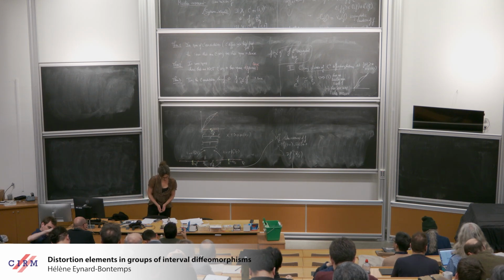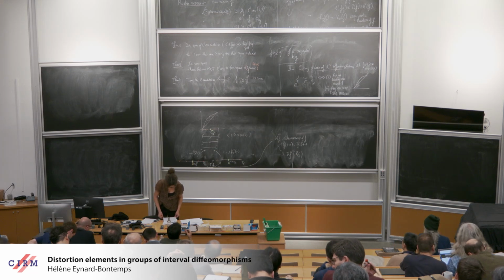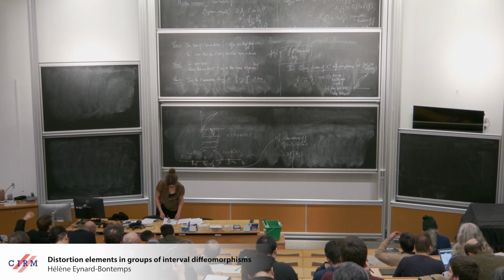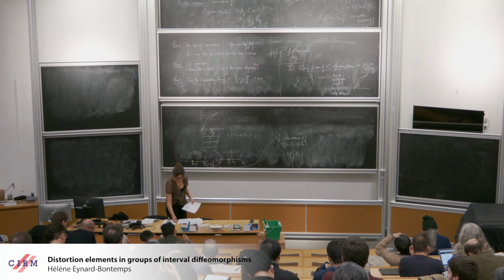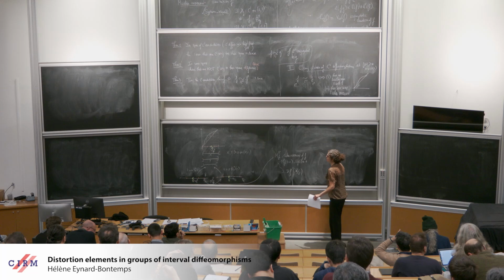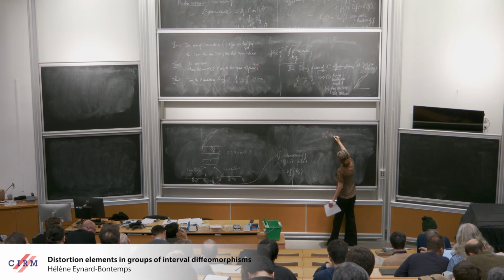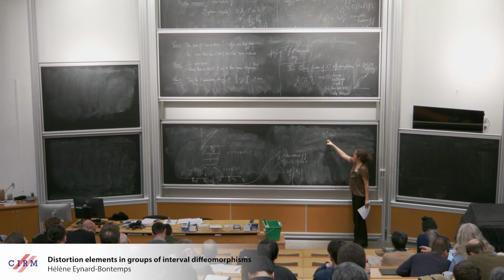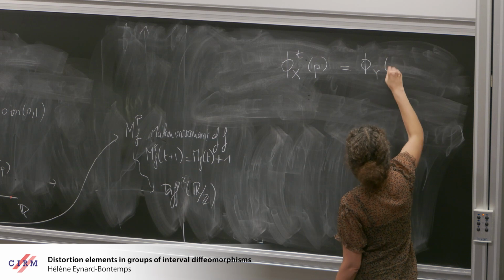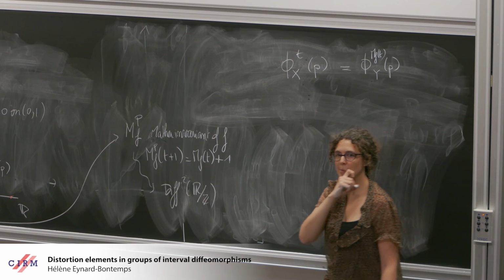But now, let me see. Yes, another way of saying that, sorry, this might be useful for what follows, is that when you look at your point P and you look where you get when you follow the flow of x during the time t, it's the same thing as starting at P and following the flow of y, but during time mf of t.